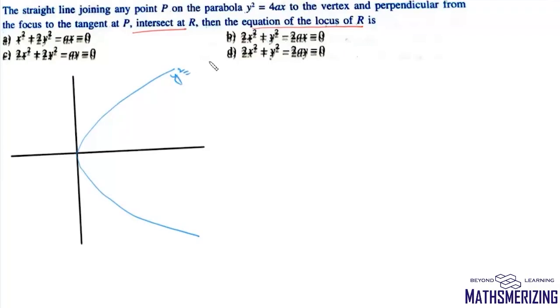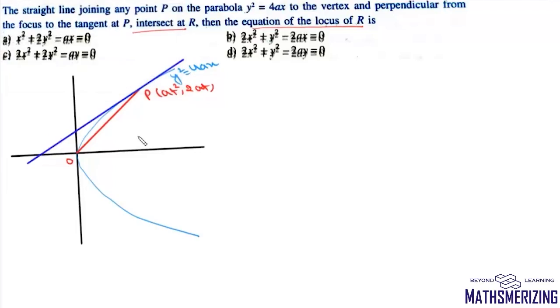So this is y² = 4ax, and then we have any point P on this parabola. So this is point P, which is suppose (at², 2at). Now the straight line joining any point P to the vertex, so we need to join this P to O. So this is OP.